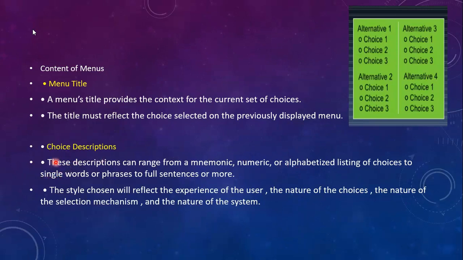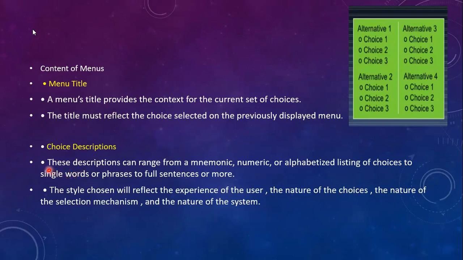Sometimes you will be provided with single words. Like multiple choice questions in an online test: you are given a menu list and under that menu list you may be given 4 choices. They are the alternatives, and you can choose any of them: choice 1, choice 2, choice 3.